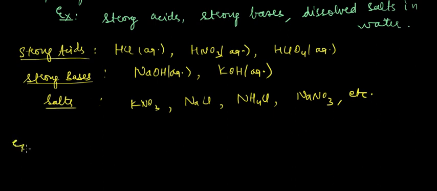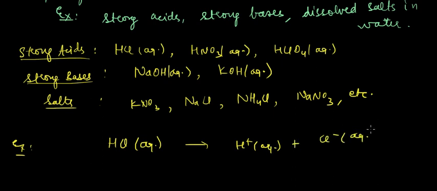Now some examples that we have: HCl aqueous dissociates into H+ aqueous plus Cl- aqueous, so this would be breaking up into ions with concentration.